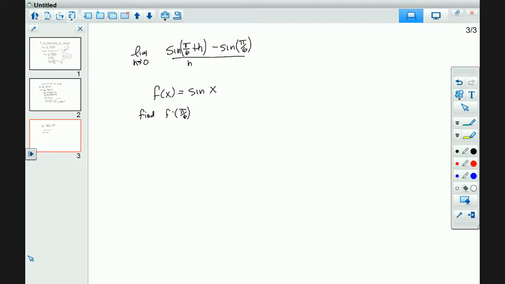Because I don't want to hamstring you for college. So there's some things you gotta know that aren't on the exam, okay? So this is what we're asking. Can you identify the function and find the derivative at pi over 6? And I will show you how to do that without the definition. Any questions?